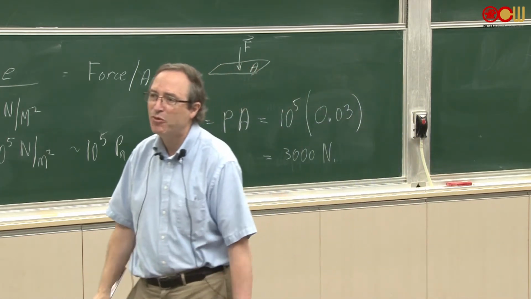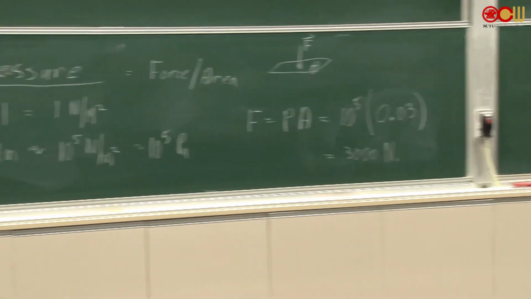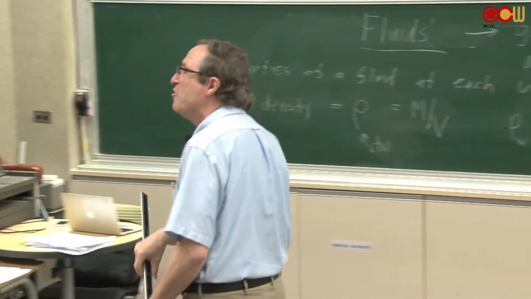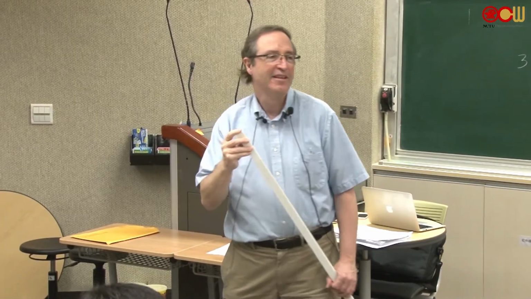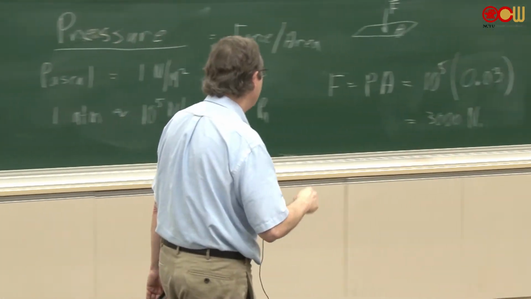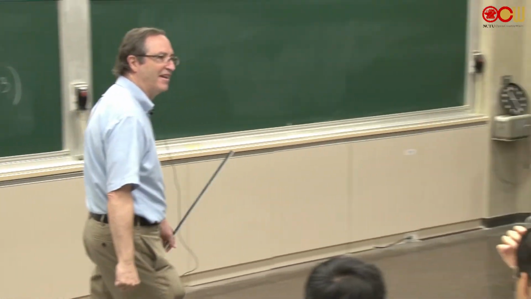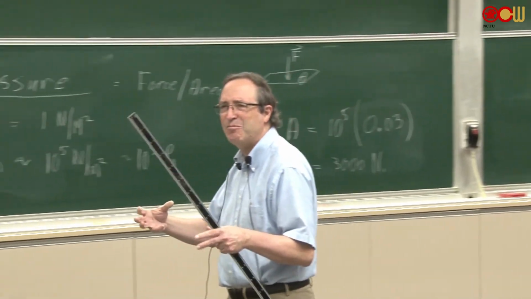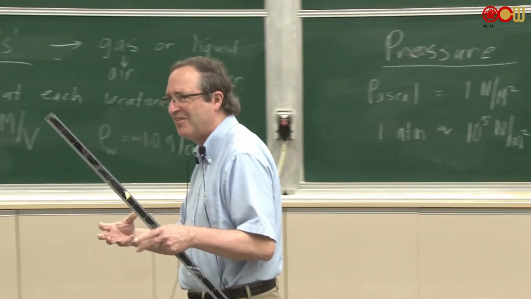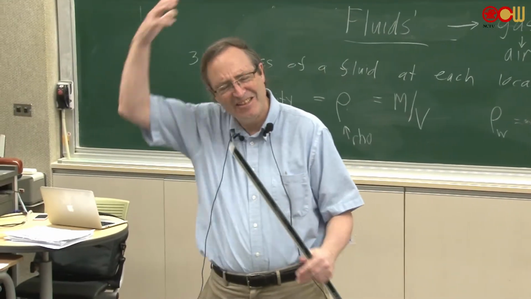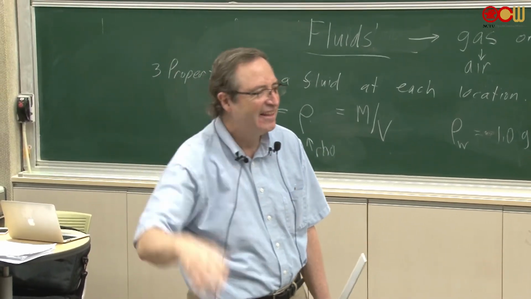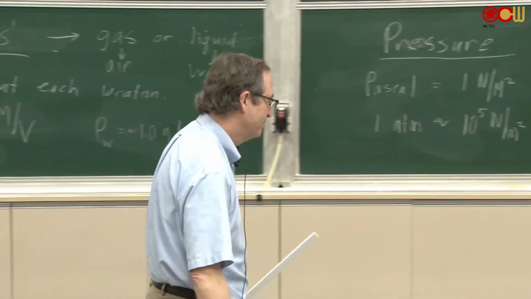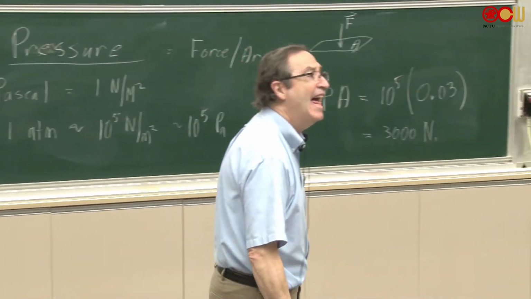That's a lot of force on the top of your head. 3,000 newtons. So yeah, that's 300 kilograms. So imagine 300 kilograms. That's a big, solid piece of iron, right? Sitting on the top of your head as you walk around. So why don't you get a headache?